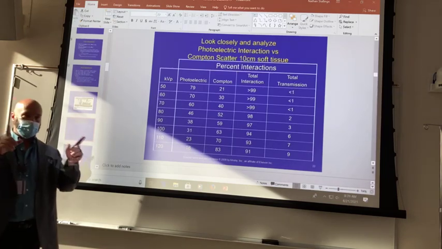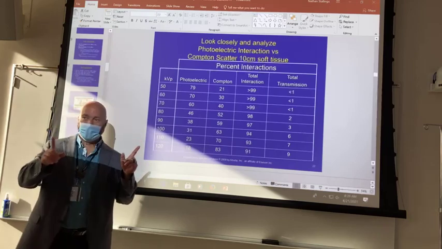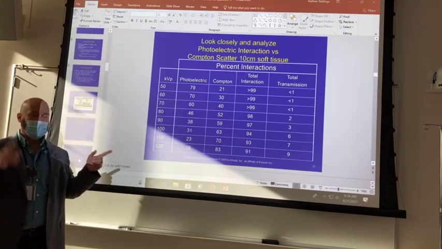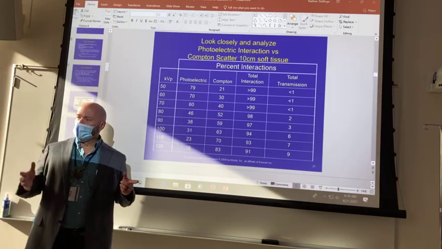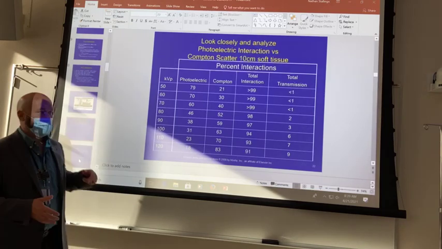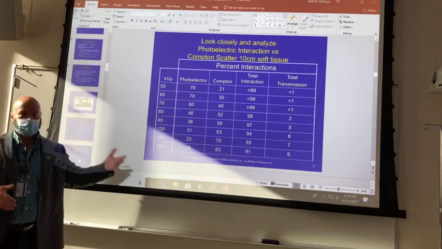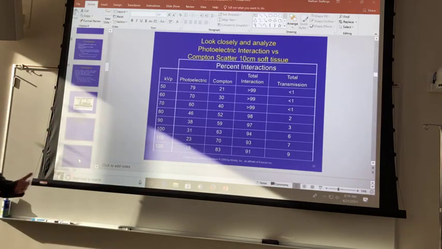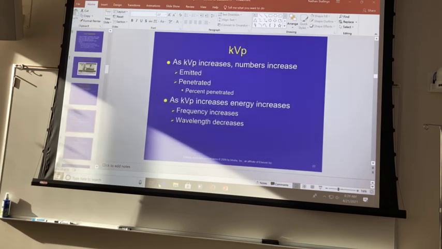If we have 1-to-1 at low kVp, at higher kVp, we may have 1 photoelectric to 5 Comptons. So in that way, we get an increase in Comptons relative to the photoelectrics. Not necessarily the overall numbers, but the ratio of photoelectrics to Comptons changes. That's what we call the Compton to PE ratio.